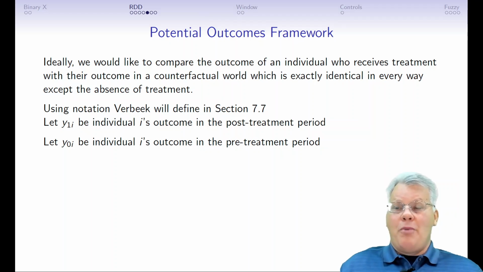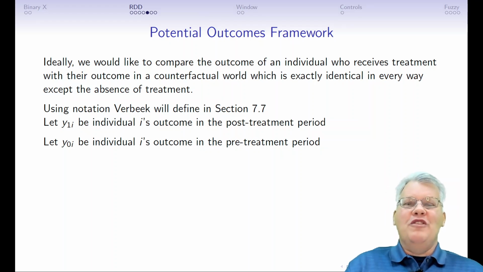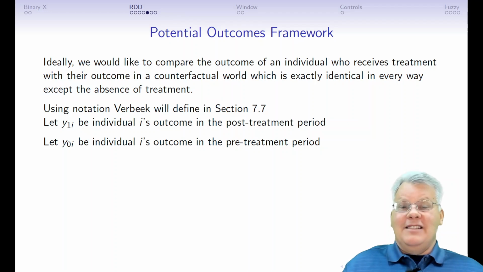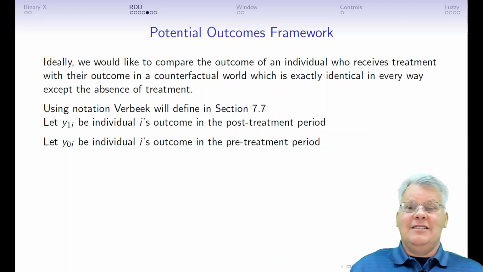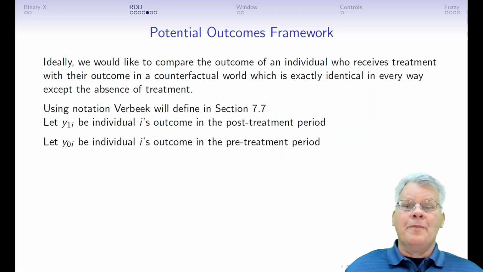And of course, the problem is we can only observe one state of the world. The other one basically has to be estimated statistically, right? This is basically what we're going to have to do.